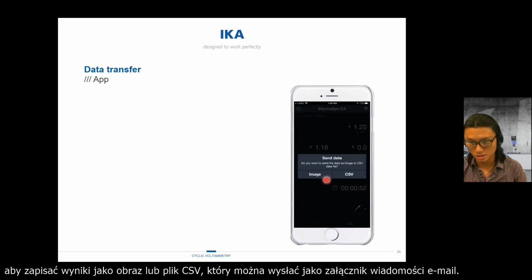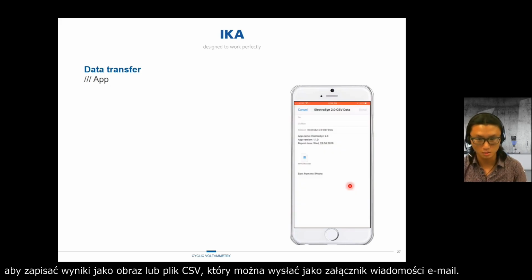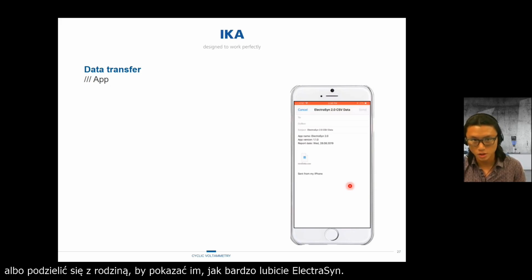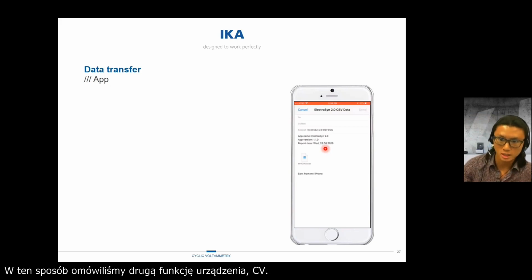You will send your data either as image or CSV file through email as an email attachment. You can send it to yourself as a backup. You can send it to your boss as a report, or you can even share with your family and tell them how much you love electricity. So that's our second functionality, CV.